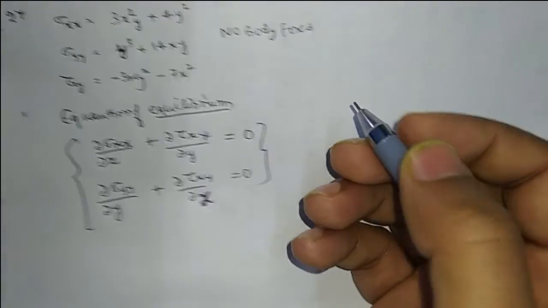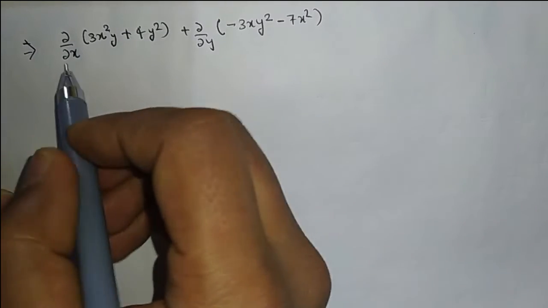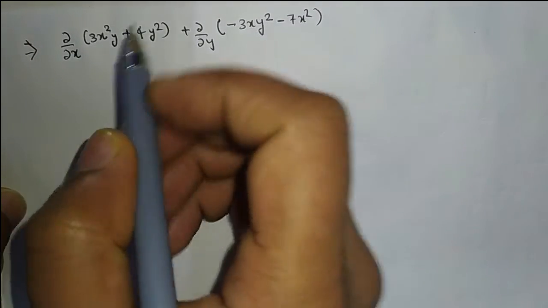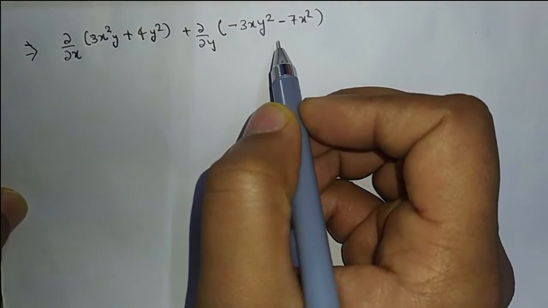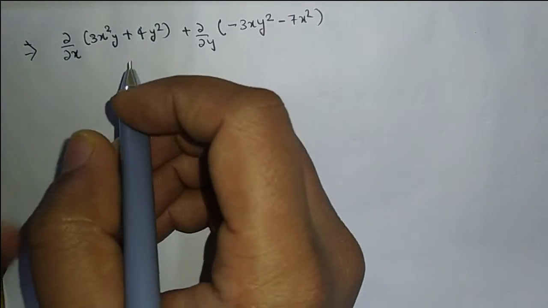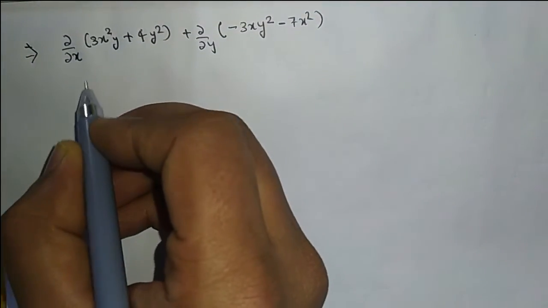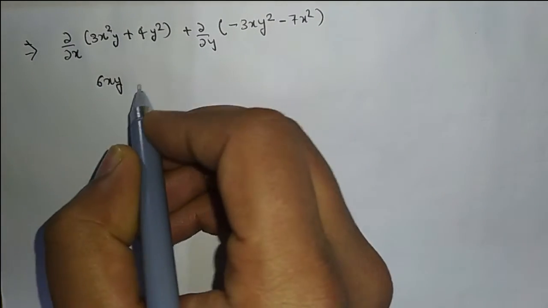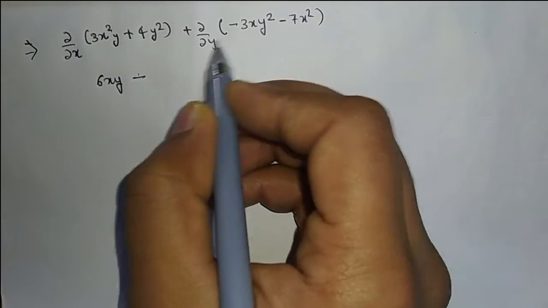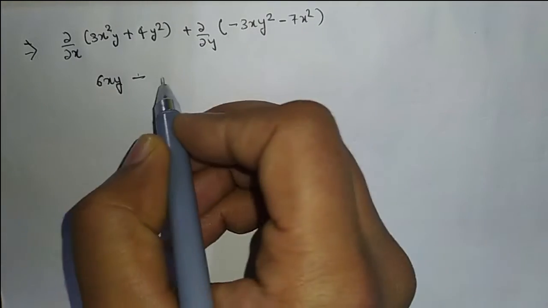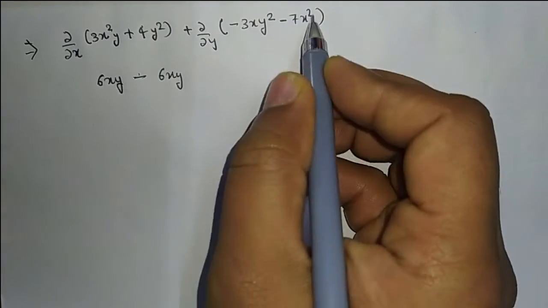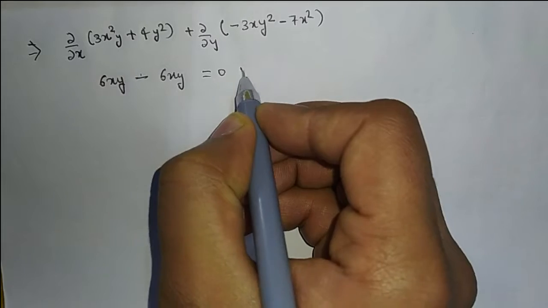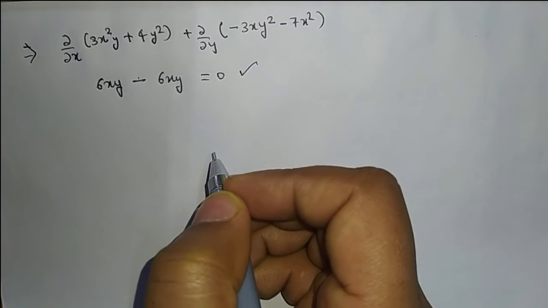Let's check. Putting the value of sigma x and tau xy in the first equation of equilibrium, we will get 6xy, this will be 0, minus with respect to y 6xy, this will be 0. So the first equation is satisfied.